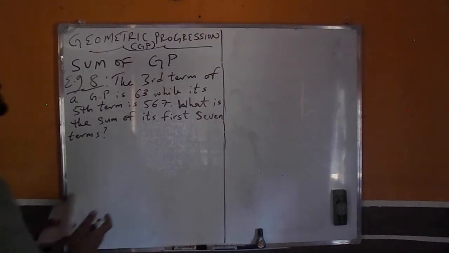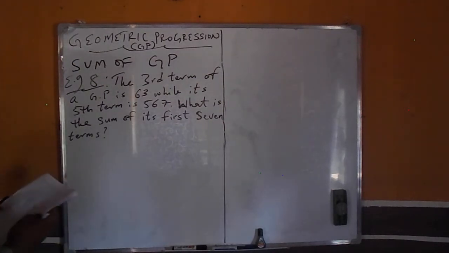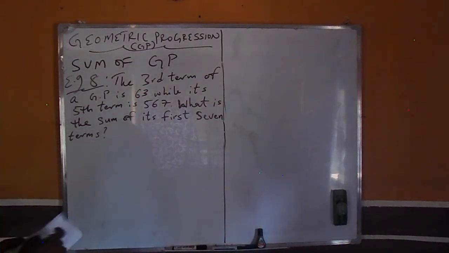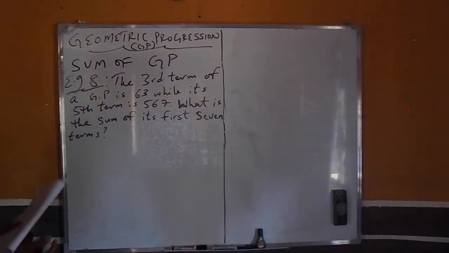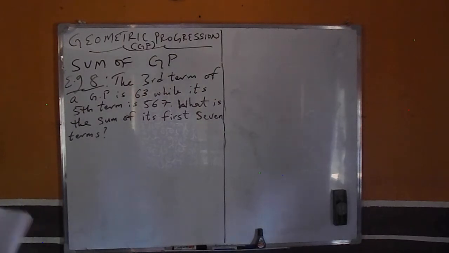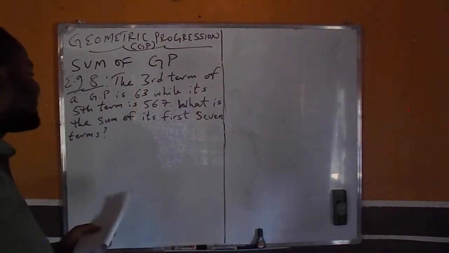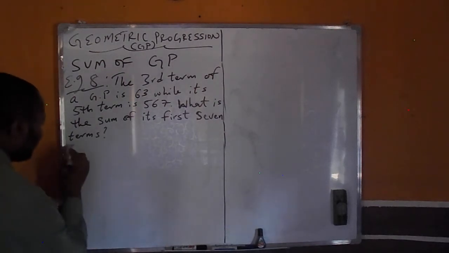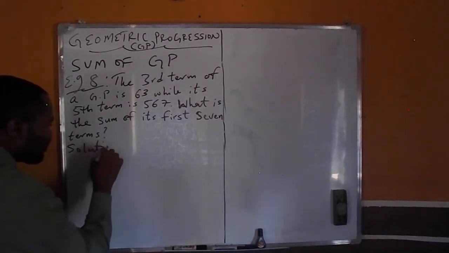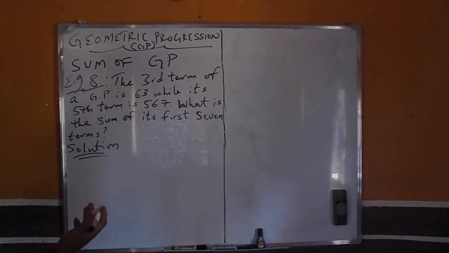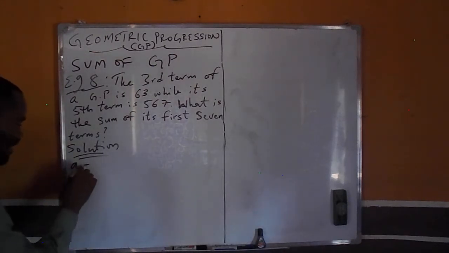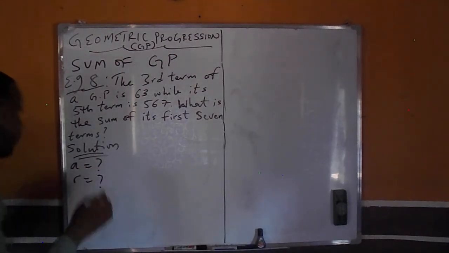We say the third term of a GP is 63, while its fifth term is 567. What is the sum of its first 7 terms? Solution. In this, our A we are not given, our R we are not given.